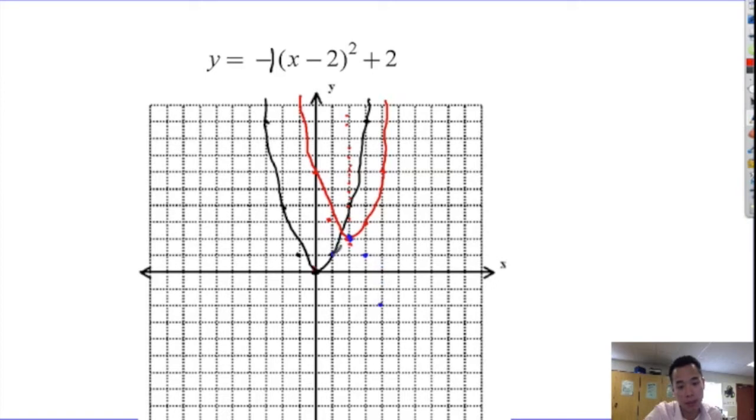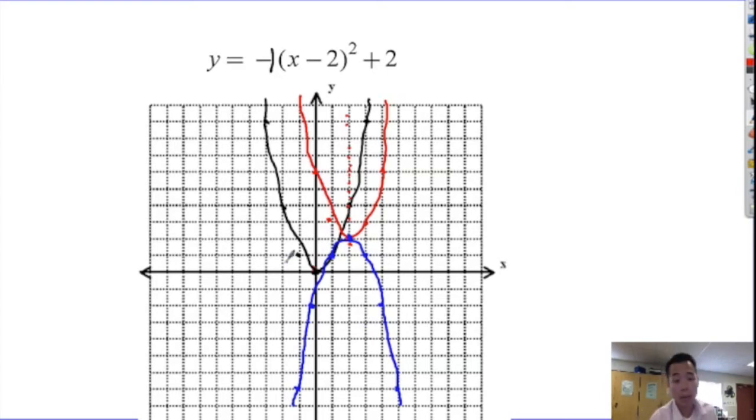Same thing over here, 2 to the left, and then down 1, 2, 3, 4, and you can keep going over 3, down 5, 6, 7, 8, 9. Same thing over here, and it's going to be an upside down image. It just flipped over its parent function or its new translation.